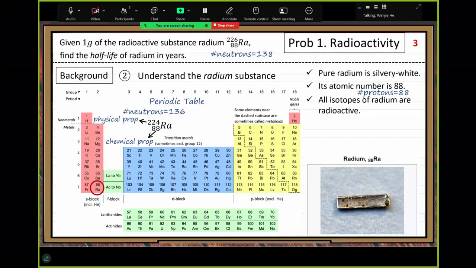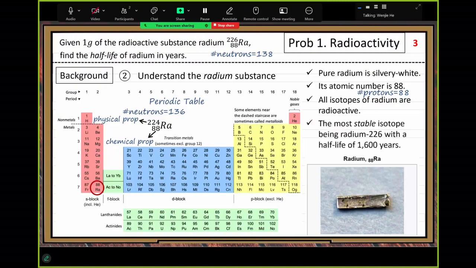Some of the isotopes are radioactive, but some of the isotopes are not radioactive. Okay, for a different substance, carbon. There are 3 different isotopes. So the property is quite different. Our third example, we will use those carbon isotopes.